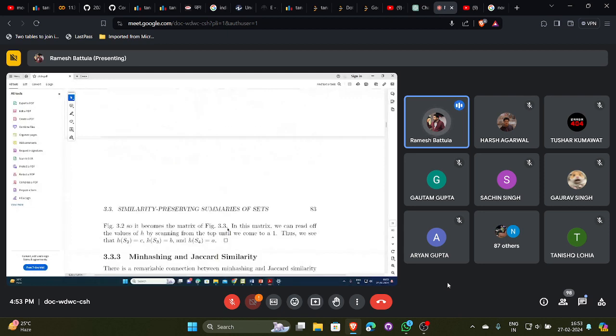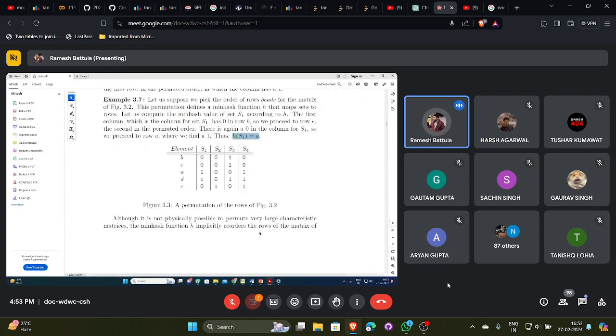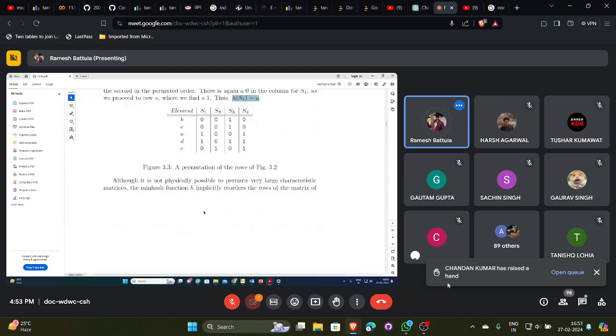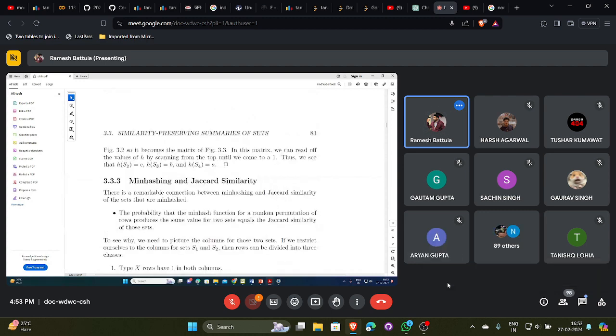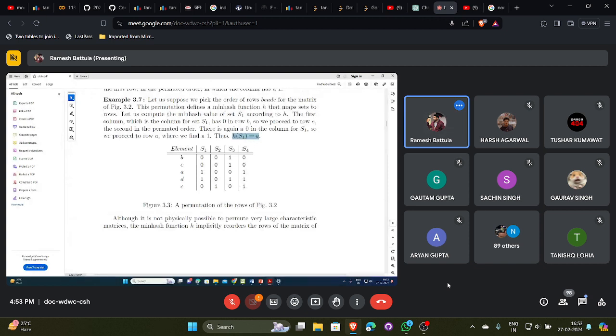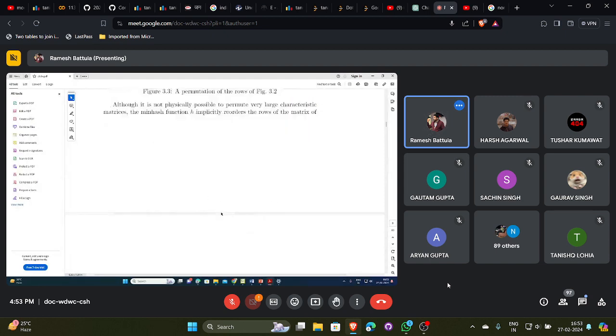The same way you need to find H of S2, which is going to be equal to, what is this? This is the last one, that is going to be C. H of S3 is going to be equal to B. H of S4 is going to be equal to A. So like that.